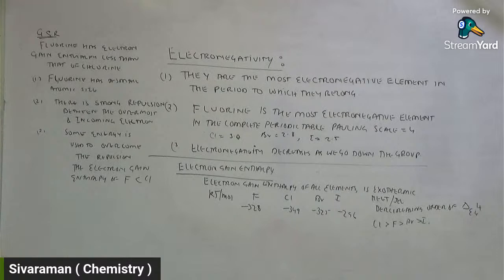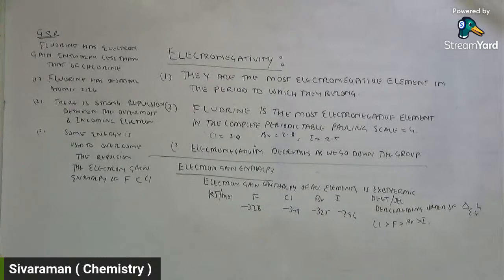So the net energy released becomes less. That becomes 328. If this problem was not there, then this would have been probably 378. So maybe 50 kilojoule more, and then we'd have had a very standard story that it decreases as we go down the group. It is not. Fluorine seems to have an unusually lower electron gain enthalpy than it is supposed to.